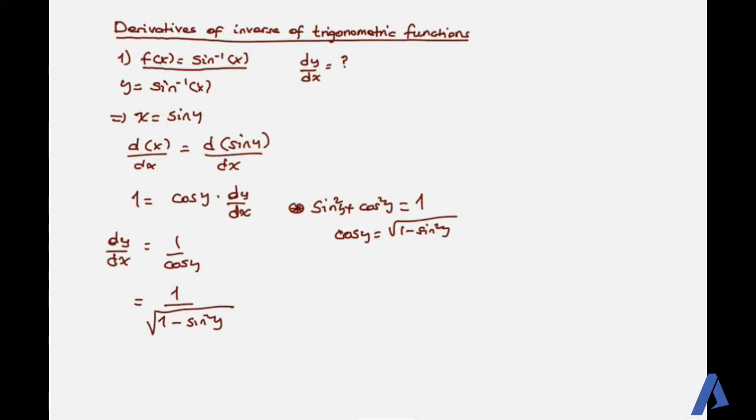But we solved that sin y is x, so sin square y is x square. This implies that dy by dx for sin inverse of x is equal to 1 over the square root of 1 minus x square.